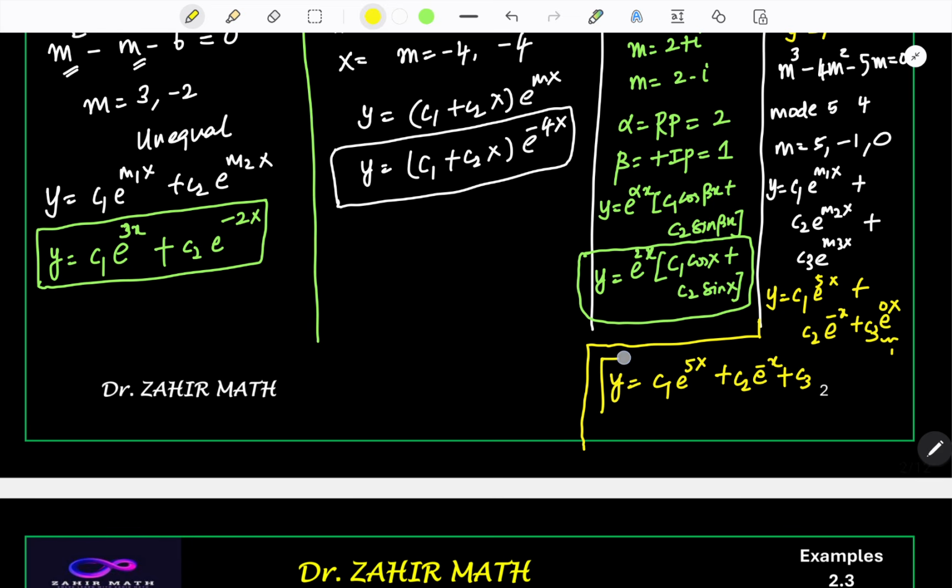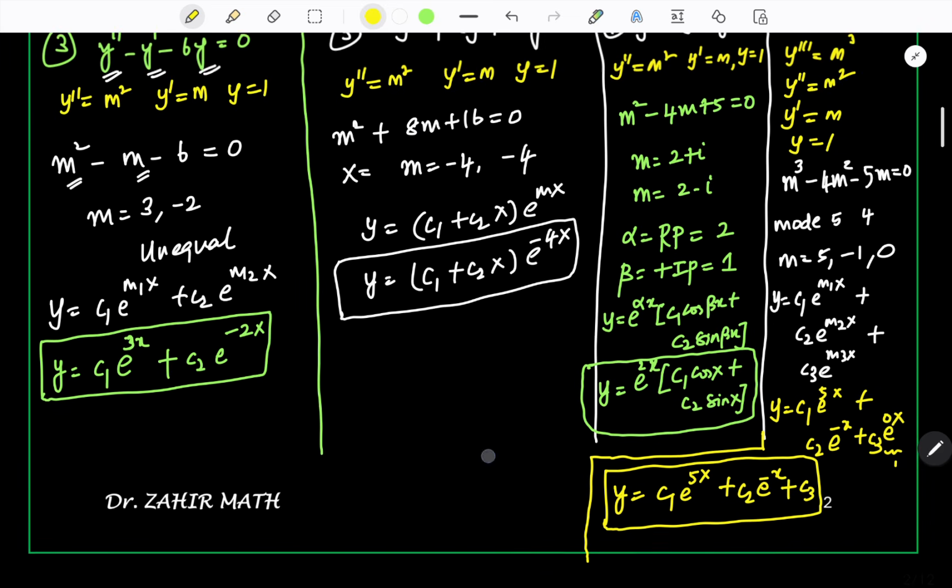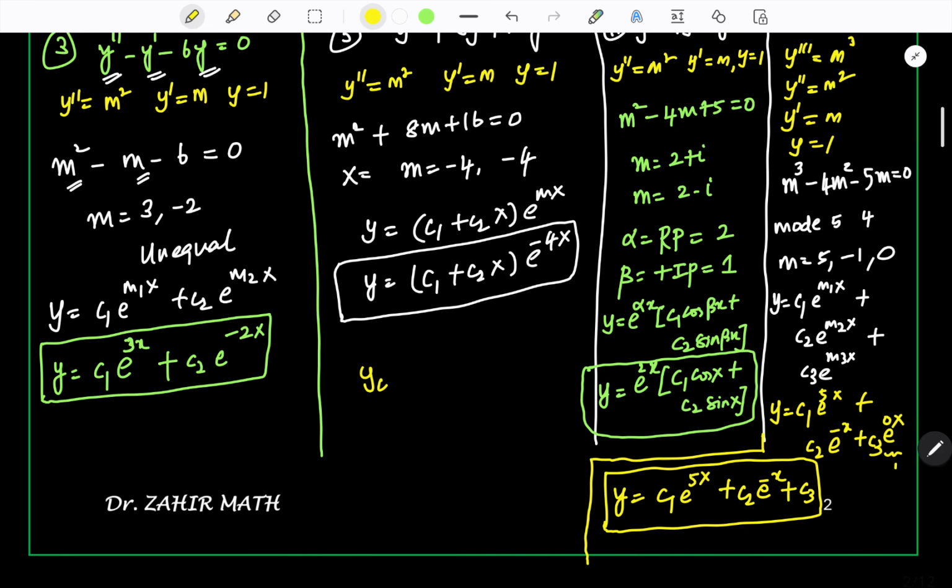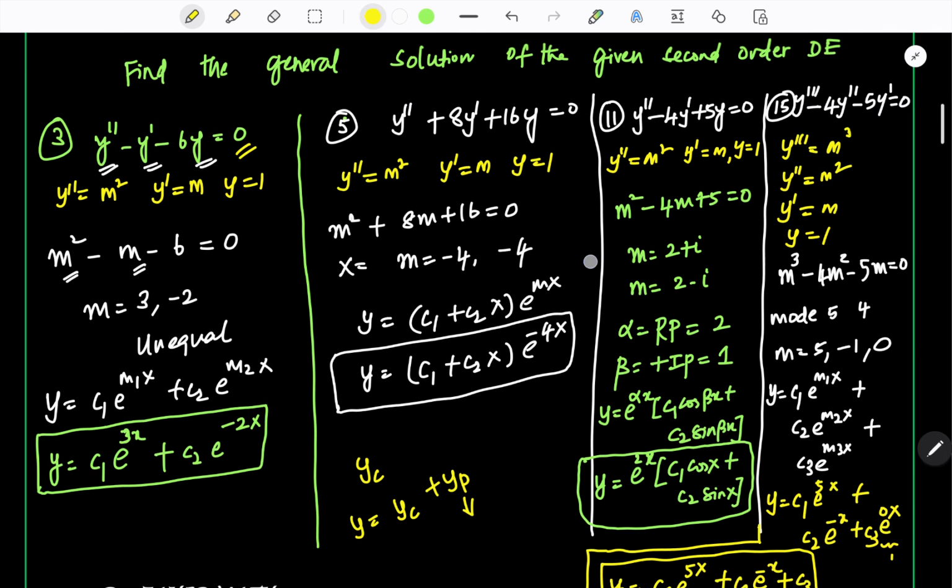So plus c3. So this is going to be your general solution. Everywhere you have to write yc, but I told you in this general solution y is yc plus yp. The right hand side you see all are zeros. Can you see that?